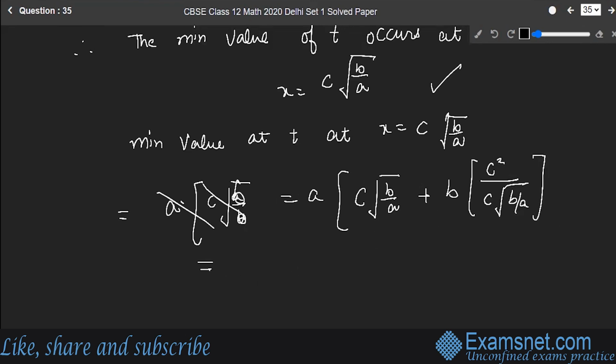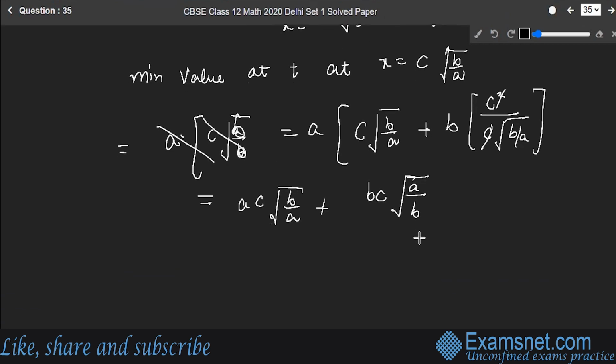So this will be equal to a c root of b upon a plus this c and this will cancel, bc root of a upon b. So this I'm going to take c common. a into root of b divided by root of a plus b into root of a divided by root of b.